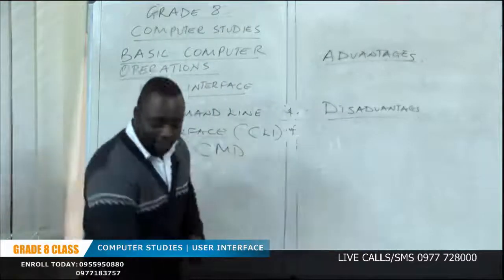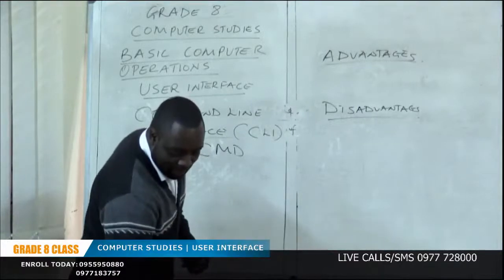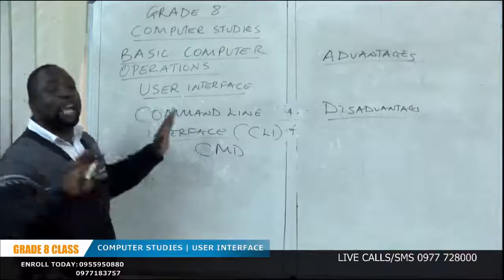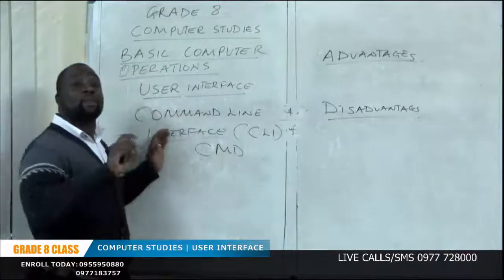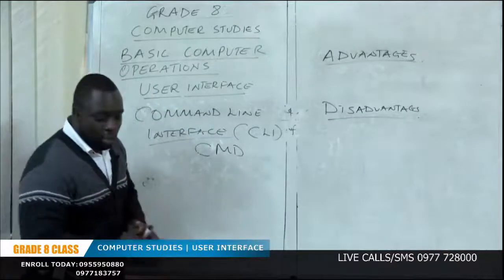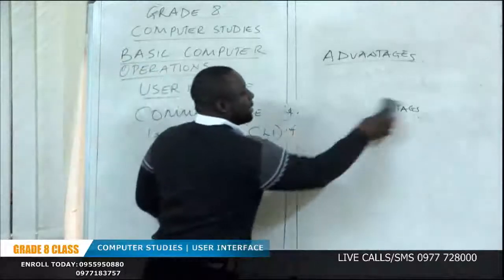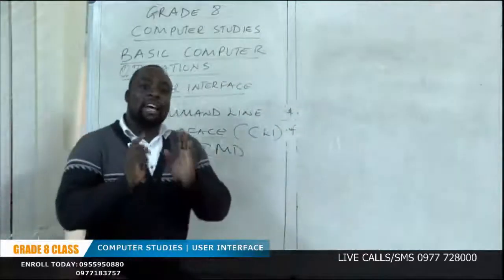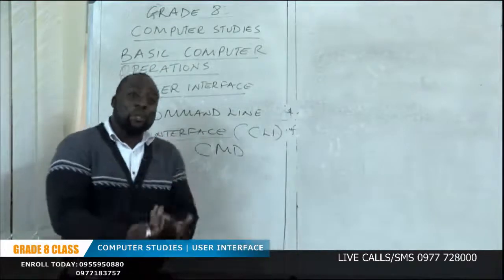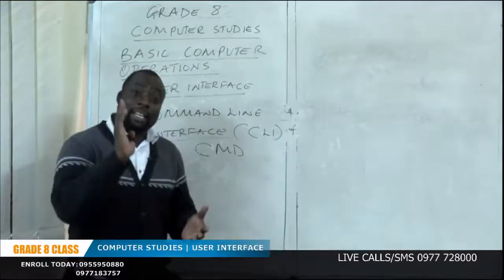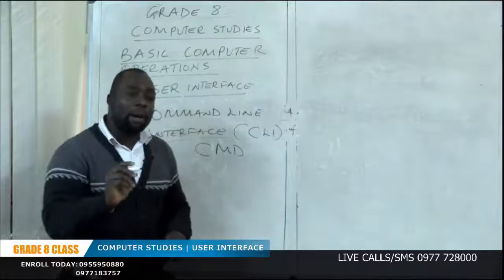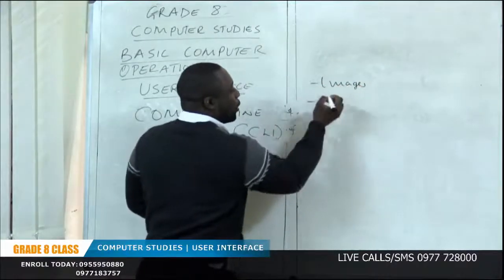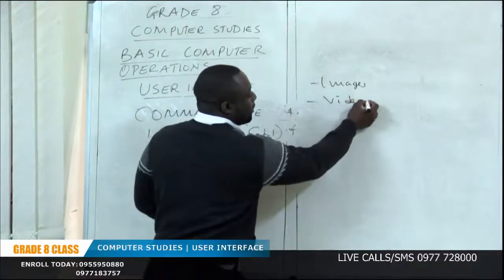Okay, let me explain. So, Grace, what we are talking about is there are two types of user interface. We have the graphical user interface. Under the graphical user interface, we said this is an interface that uses basically graphics. In this context, we are talking about images and also videos.